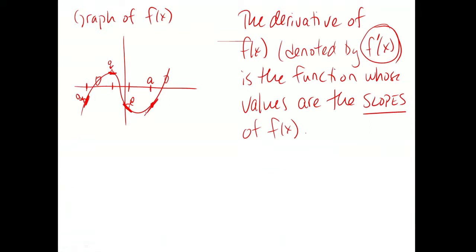So what is the role of f prime? Well, whatever I think the slope is right here, at the point x equals a, if I go to the graph and draw my little line in here to say that's the slope of the graph at x equals a, then whatever number that slope is, that's f prime of a.